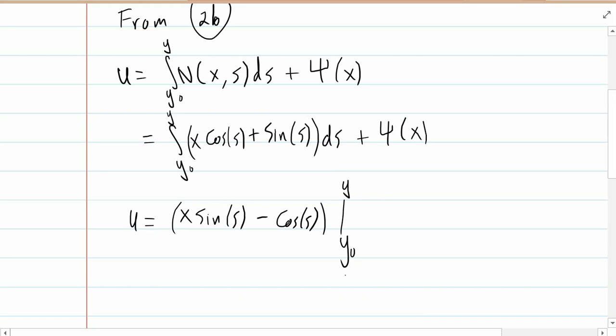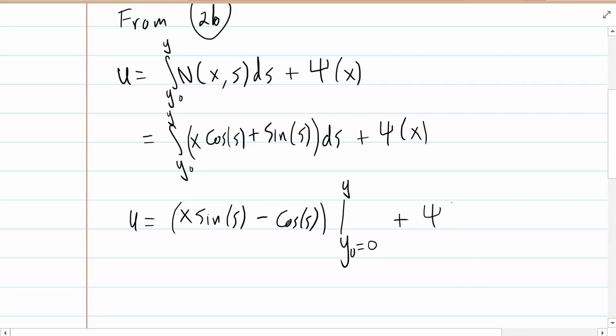A constant should be good as well. So if we were to choose y naught equal to 0, that would make this one 0, and we make cosine 0 equal to 1. The reason why a constant is okay is because we still have a constant of integration, and that one can absorb any other constants.